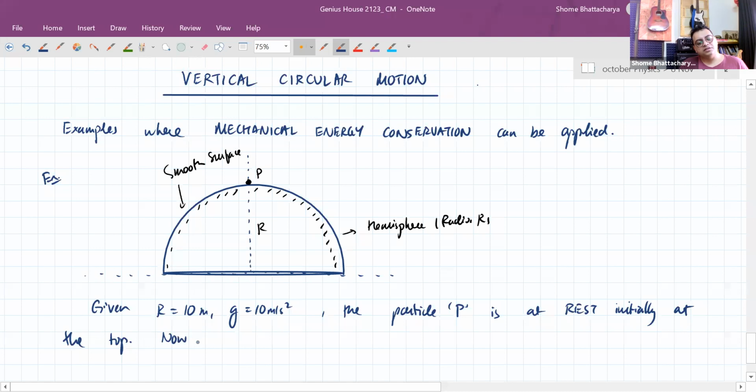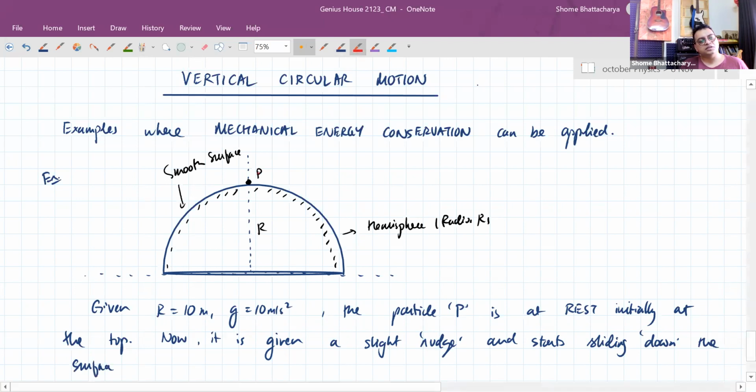Now it is given a slight nudge. It's not given any kinetic energy, just a slight amount of motion with almost zero kinetic energy, but slight displacement from that equilibrium position, and starts sliding down the surface.